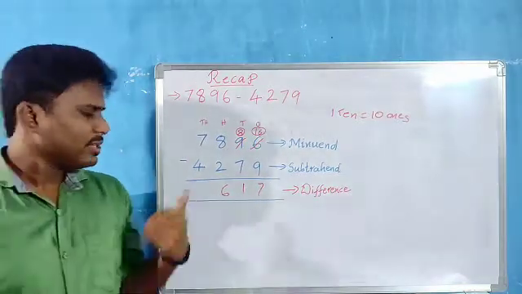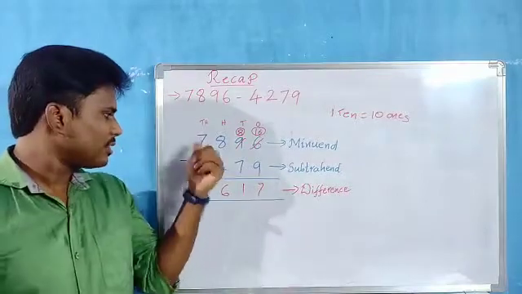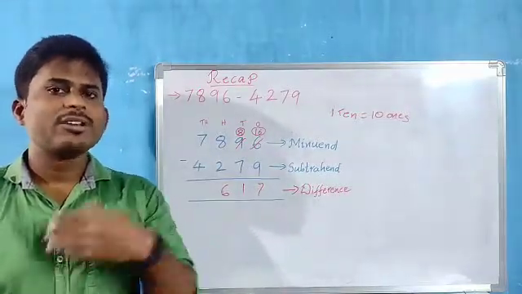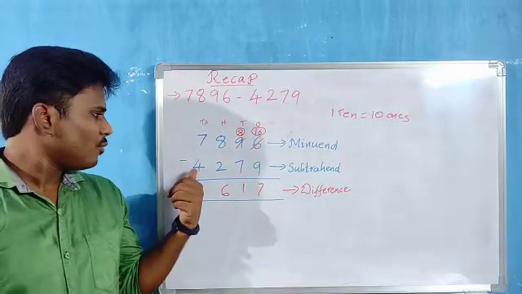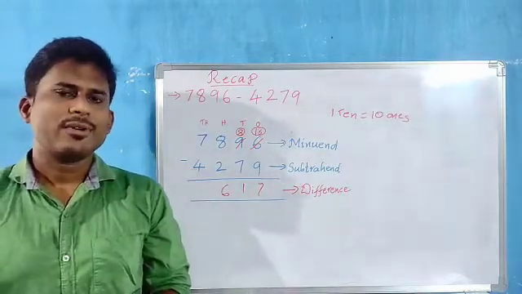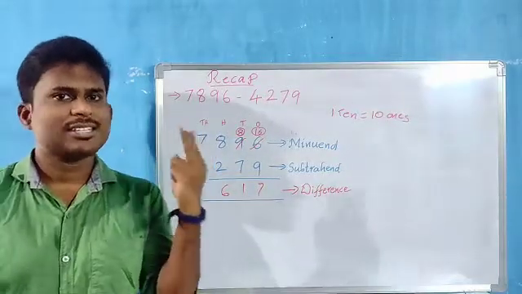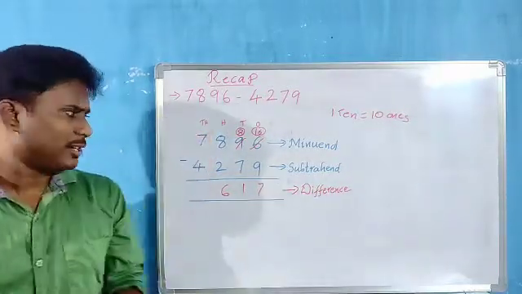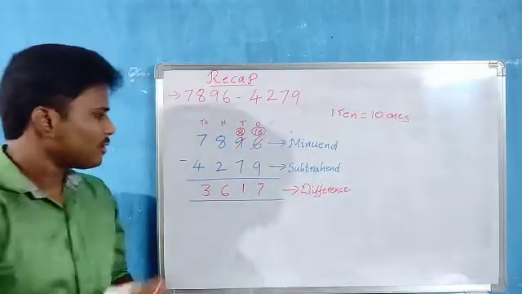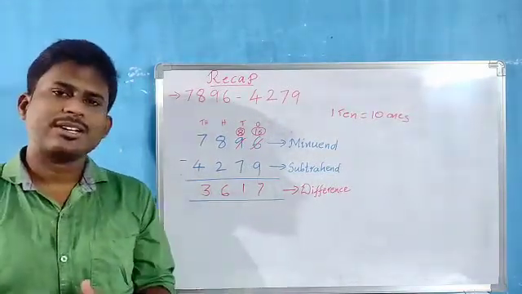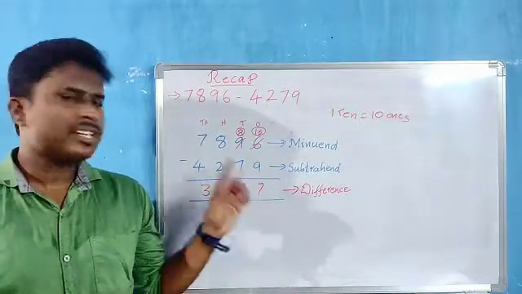See, children, we can have one more technique also. 7 minus 4, we can count in reverse order also. So for 4, how much should you add to become 7? 5, 6, 7. You have to add 3, children. In that way also you can solve the problem. So our result is 3617, children.